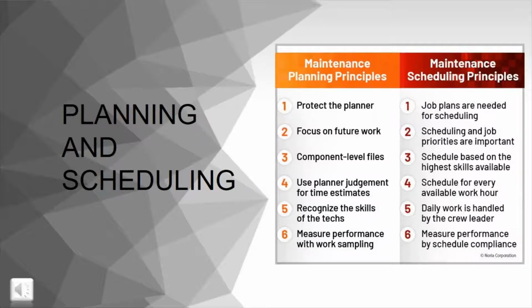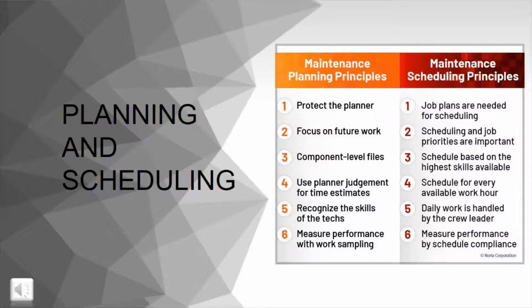Number 5, daily work is handled by the crew leader. The crew leader or supervisor should develop a daily schedule based on the 1-week schedule, current job progress, and any new high priority jobs that may arise.